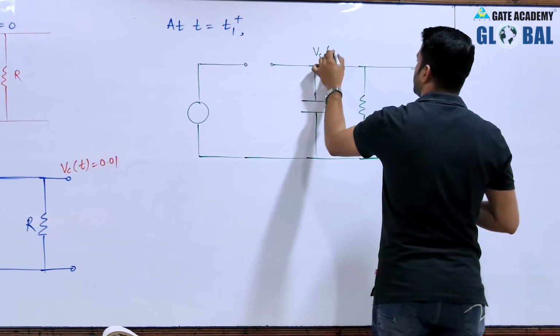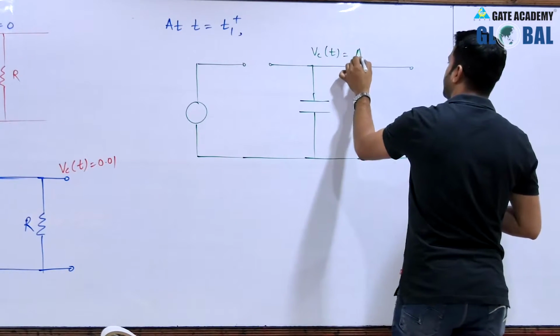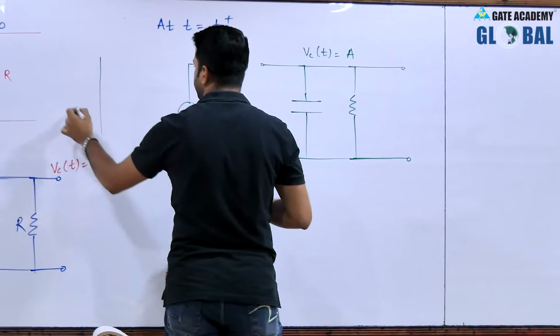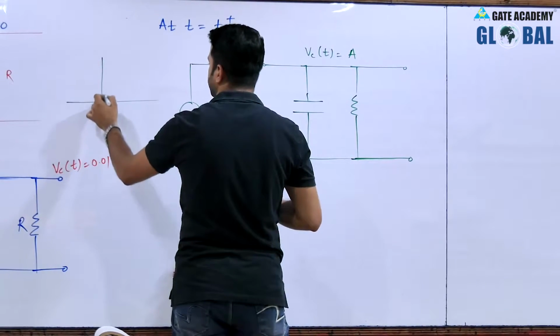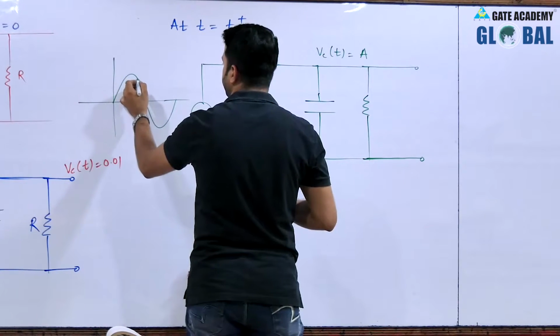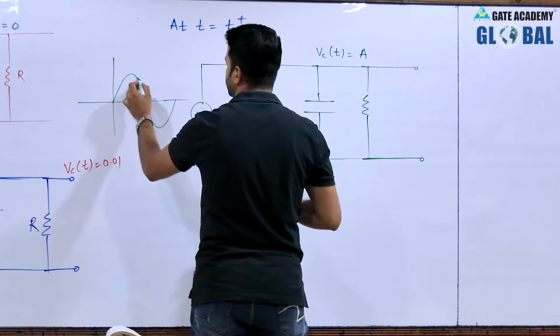The output of the detector was A and the input is now less than A. This is the case.